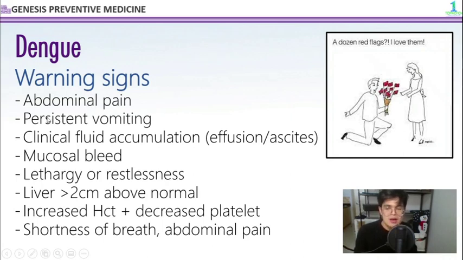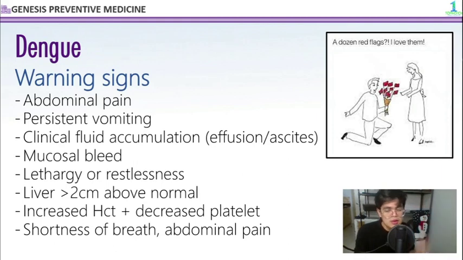Abdominal pain, persistent vomiting, clinical fluid accumulation, effusion or ascites, mucosal bleed, lethargy or restlessness, liver more than 2 cm above the normal. So for adults, this is more than 12 cm on physical examination, so it's more than 14.